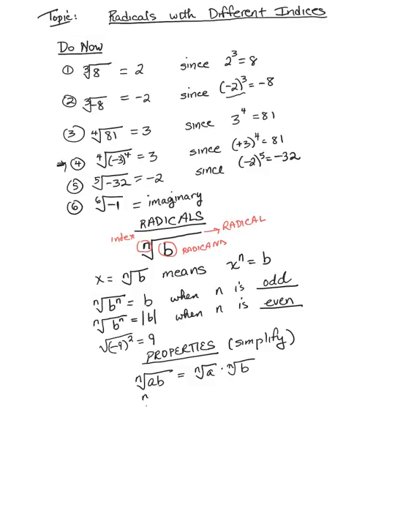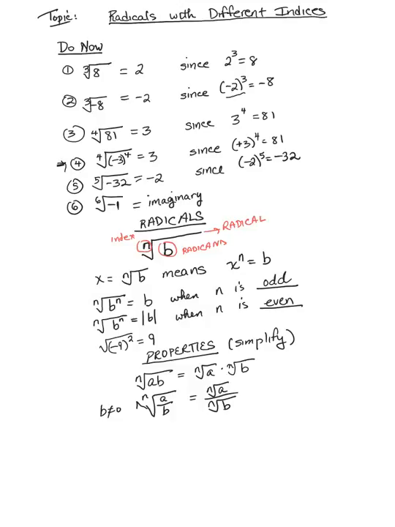And the nth root of the quotient of two numbers, provided that the denominator is not equal to 0, is the nth root of the numerator divided by the nth root of the denominator.